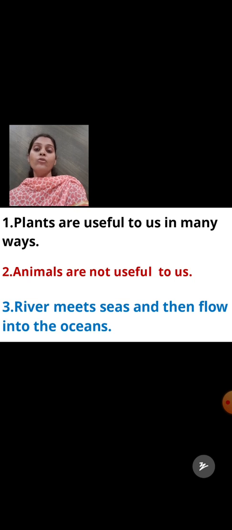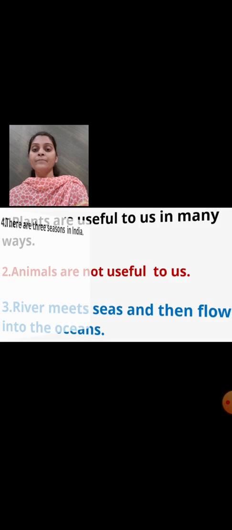So first the water from the river moves towards the seas and from the seas it flows towards the oceans. So is the statement true or false? Yes, this statement is true.